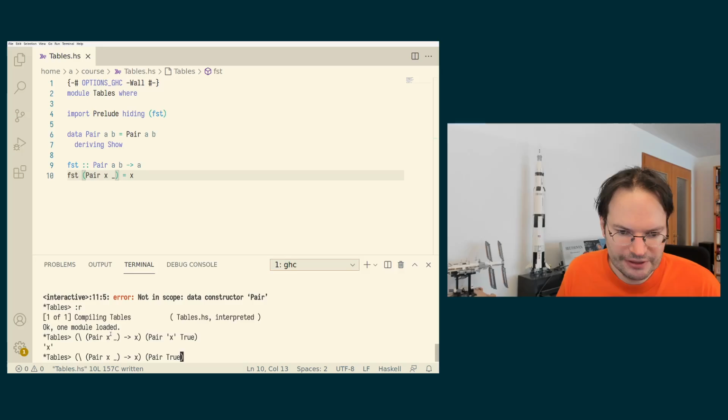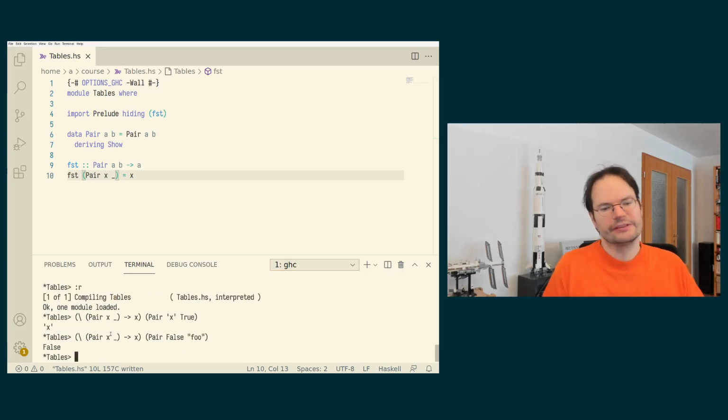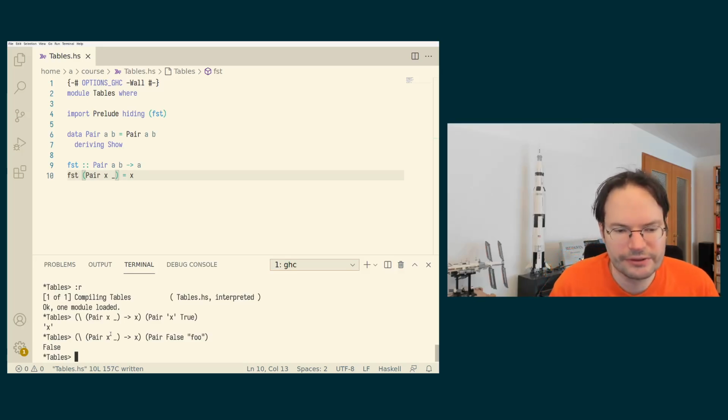Perhaps it's not a good idea to call the variable x and then use it on something that is looking almost the same. So if I take a different pair here of a boolean and a list or a string, then it extracts the first component.